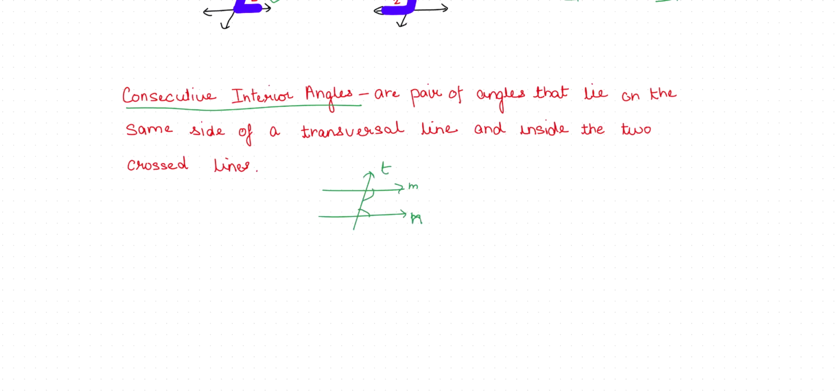This pair of 1 and 2, they both are consecutive interior angles. They can also be called the same side interior angles.